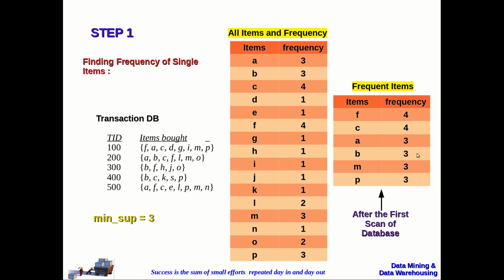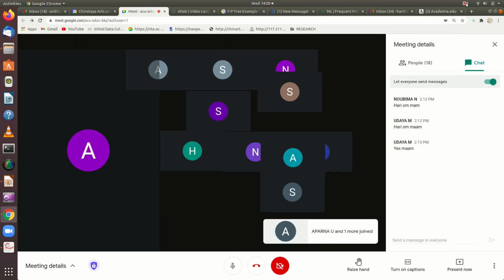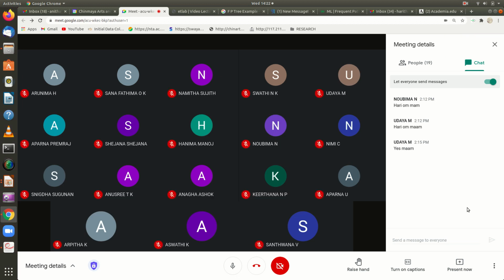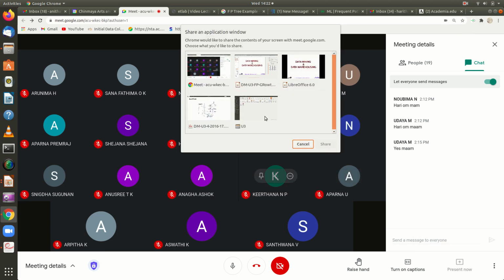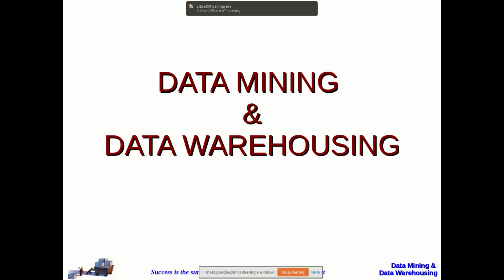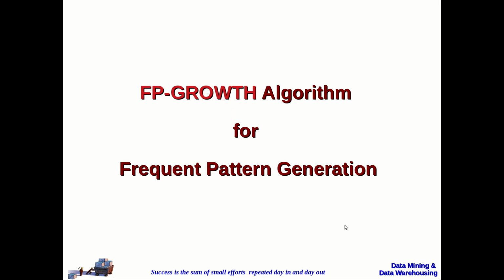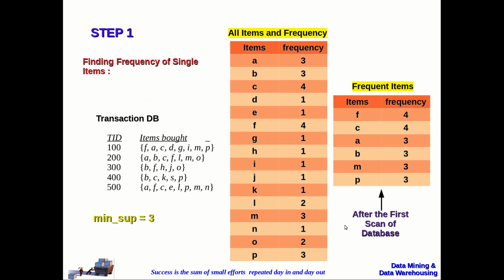This will be the first frequency list we get after ignoring the infrequent items. Please make a note of it.